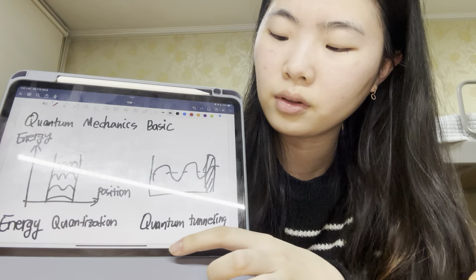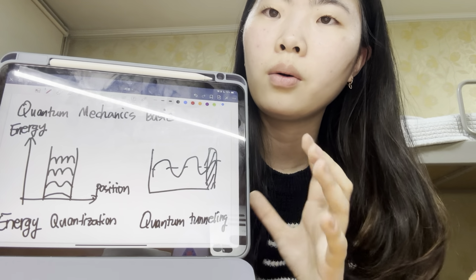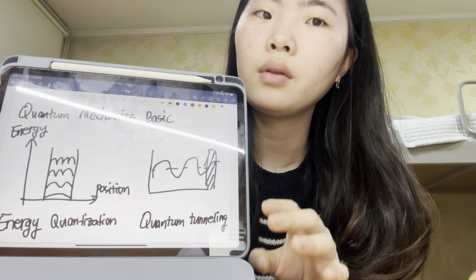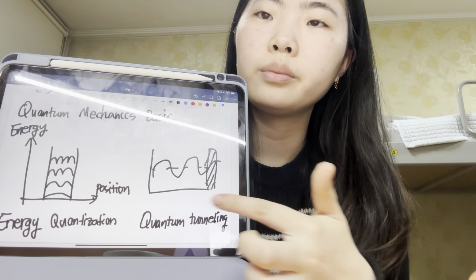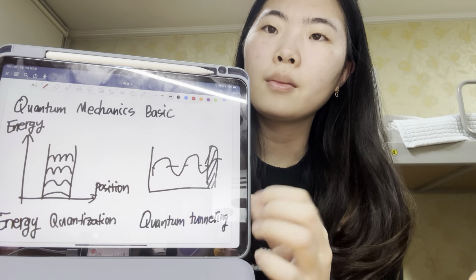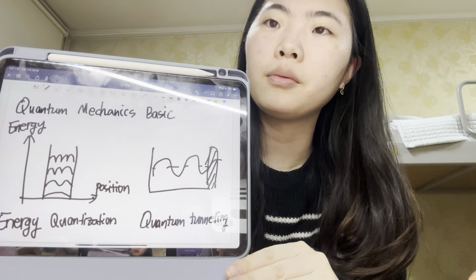The second concept is quantum tunneling. An electron or hole, like a quantum, can move through walls. This is the basic concept of quantum mechanics.